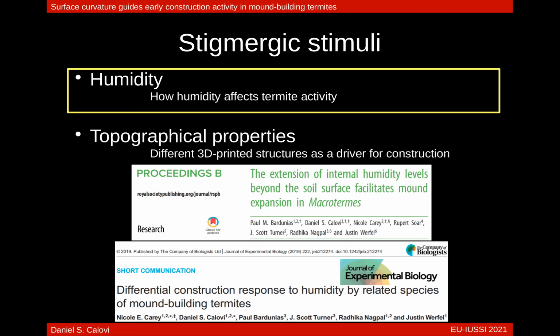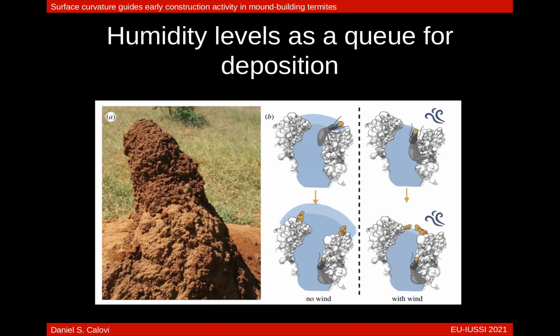So it's just a very fast summary of how humidity also acts as a stigmergic factor in mound construction, right? So basically our hypothesis was that termite mound repair and construction expansion is related to this humidity threshold, right?